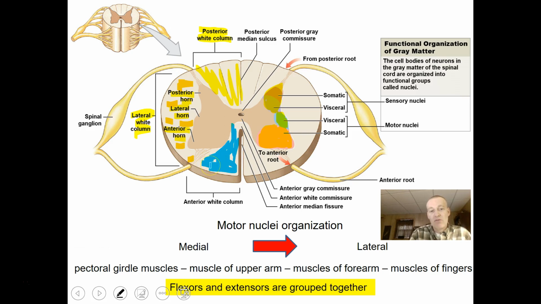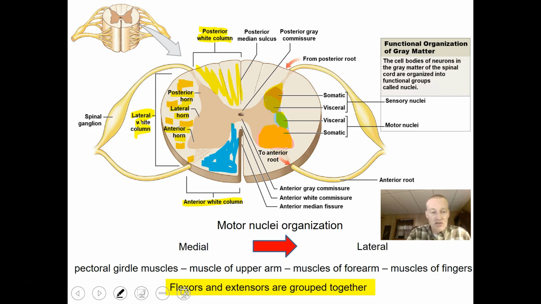Now remember, white matter is the axons, the myelinated axons that are going from the body to the spinal cord, or from the spinal cord to the body. We'll come back and talk about these anatomical regions, the anterior, lateral, and posterior white columns, in just a minute.